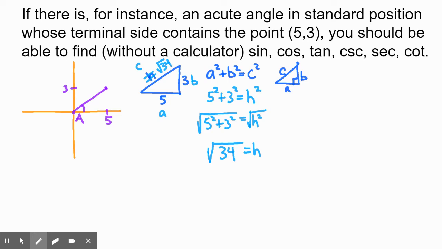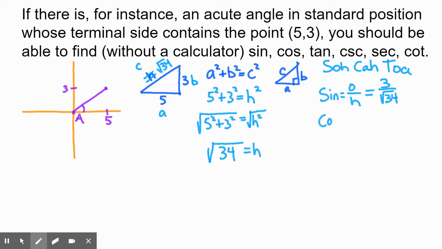And now we can find all 6 functions with the greatest of ease. I'm just going to write SOHCAHTOA because you just can't write it too many times. So the sine equals the opposite over the hypotenuse. So the sine in this case is going to be 3 over the square root of 34.